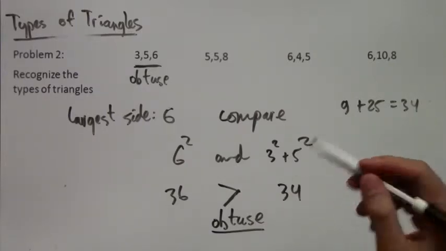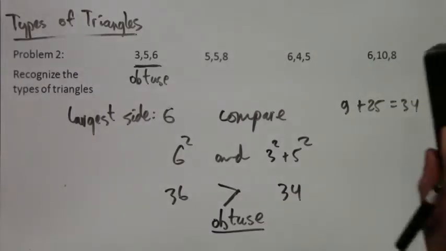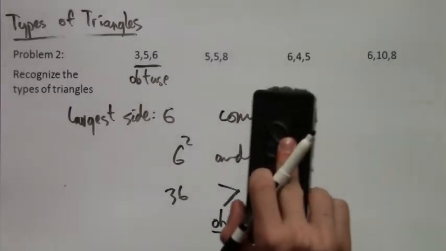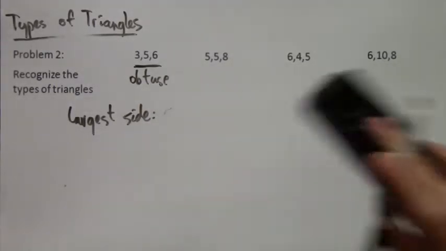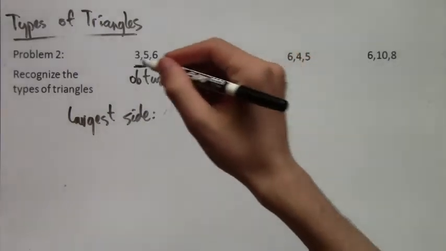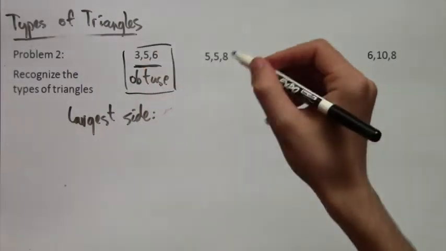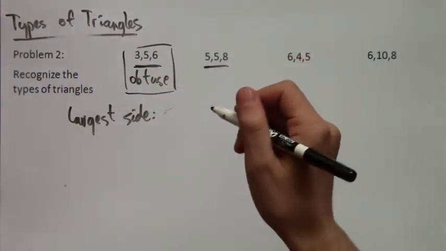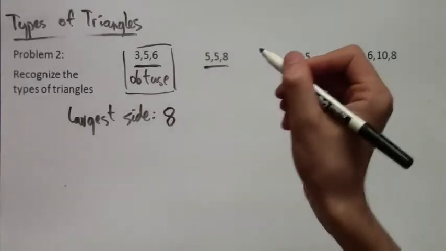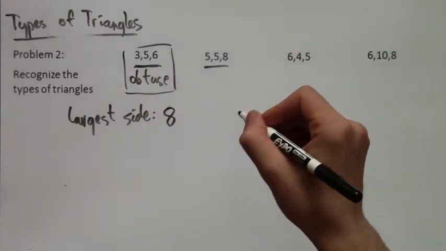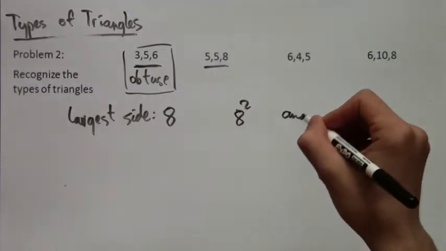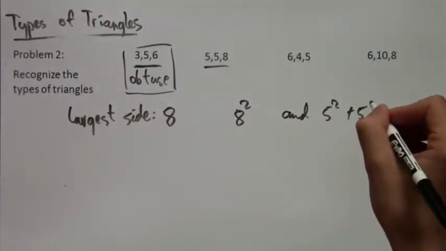Now, we never even had to draw this triangle or do any sort of looking. We just plugged it into this formula and it worked. So now we're going to look at the next triangle in the example. It's 5, 5, and 8. 8 is the largest side, so we're comparing 8 squared, and the other two sides are 5 squared plus 5 squared.